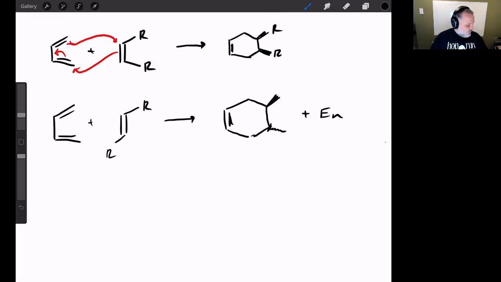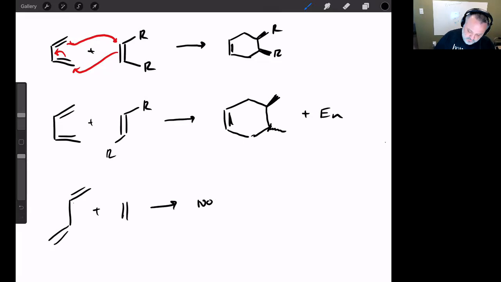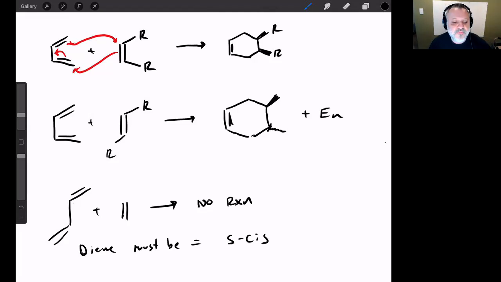All right, and so there's one thing that I want to make sure that I say. This diene just has no reaction. And so the diene must be S cis. It can't be S trans.